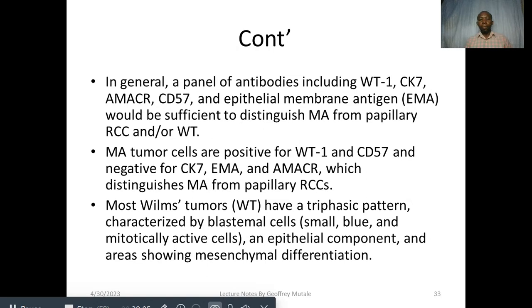MA tumor cells are positive for WT1 and CD57 and negative for CK7 and EMA and AMACR, which distinguishes MA from papillary renal carcinoma.